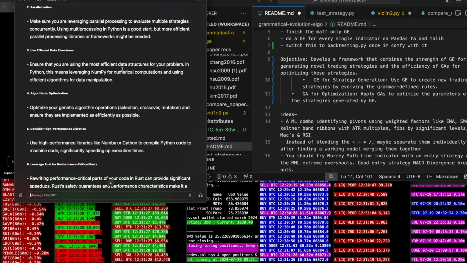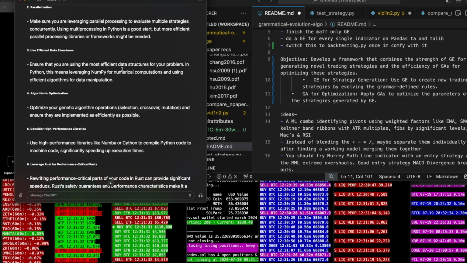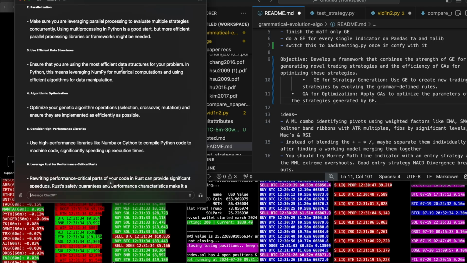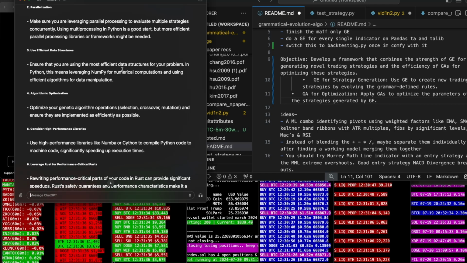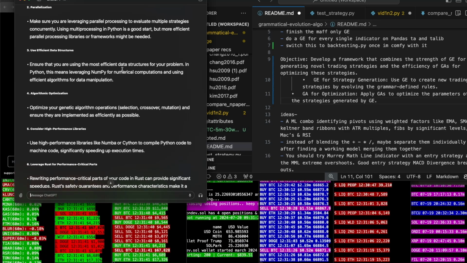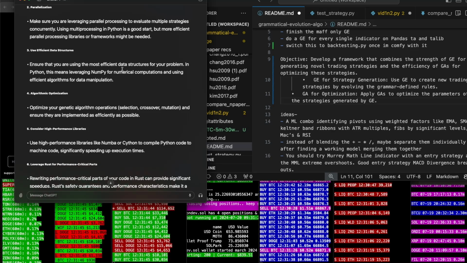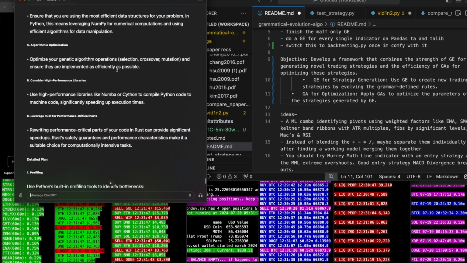Use efficient data structures. Ensure that you are using the most efficient data structures for your problem. In Python, this means leveraging NumPy for numerical computations and using efficient algorithms for data manipulation. Algorithm optimization: optimize your genetic algorithm operations, selection, crossover, and mutation.